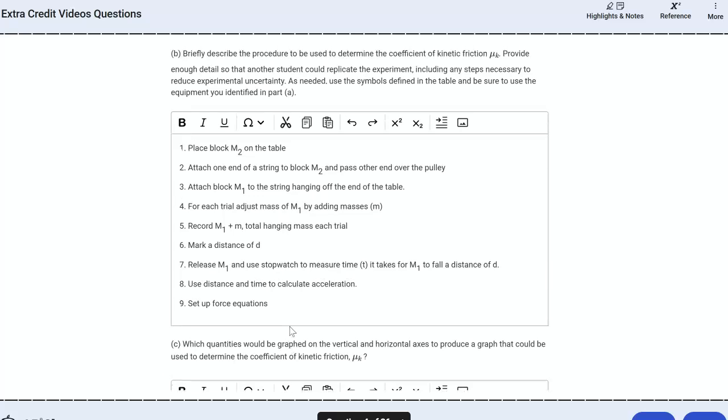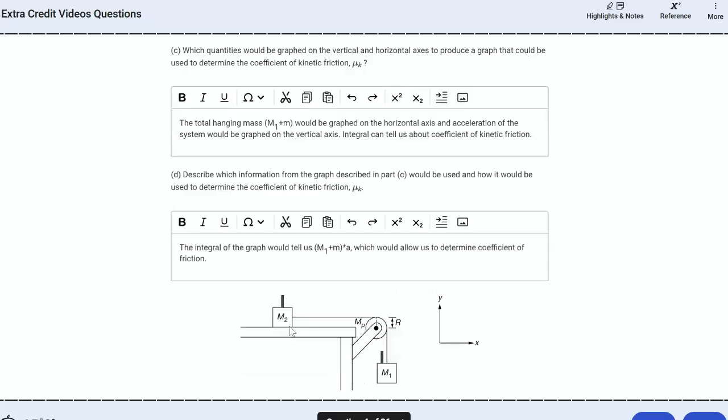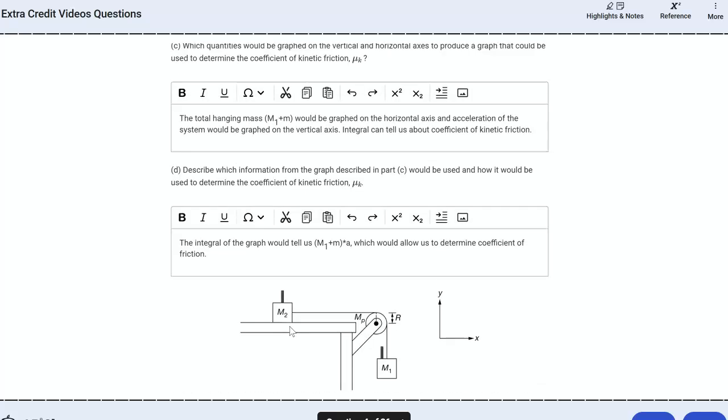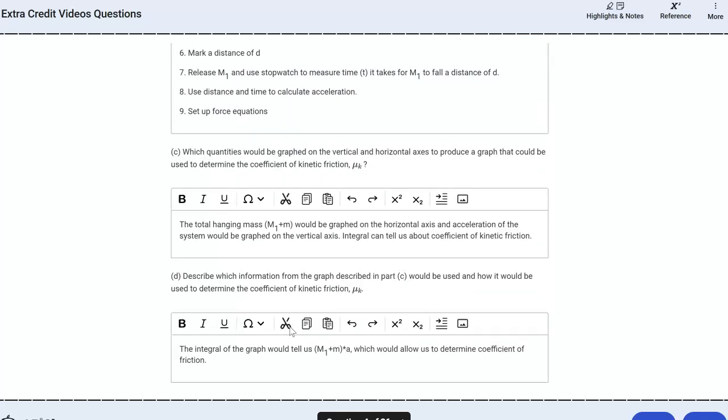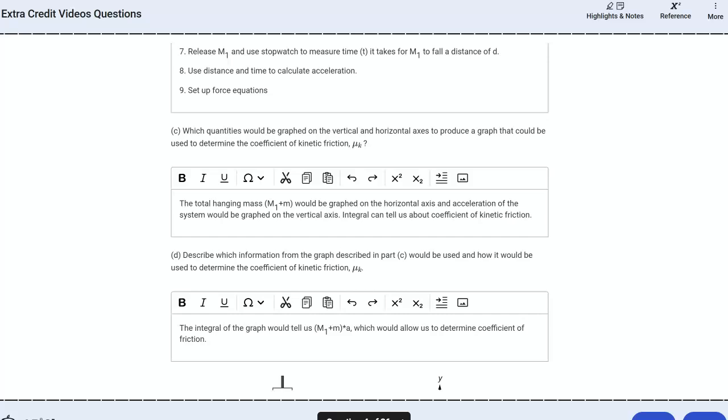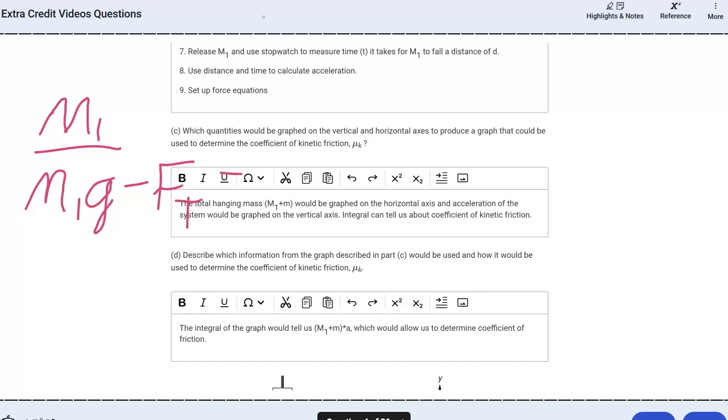So let's go through and set up these force equations. For block M1, the stuff that makes it go minus stuff holding back, M1G minus our tension force, is going to equal mass times acceleration.